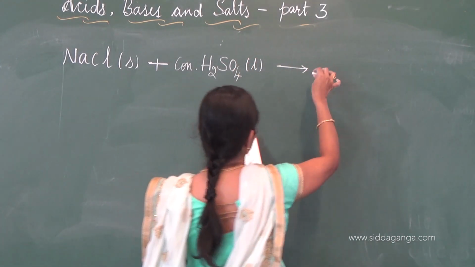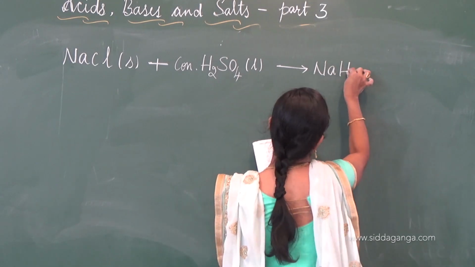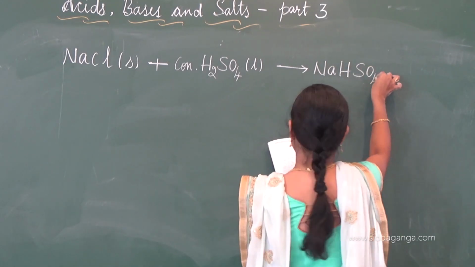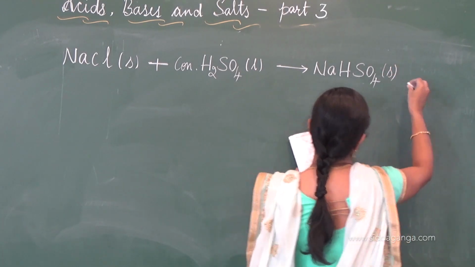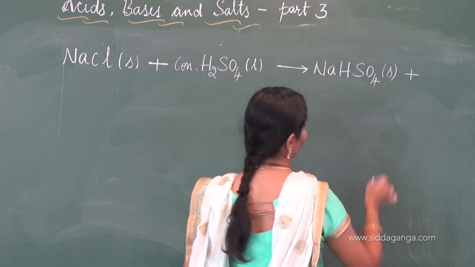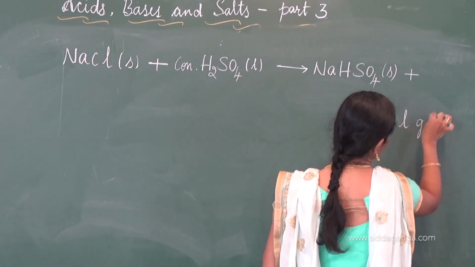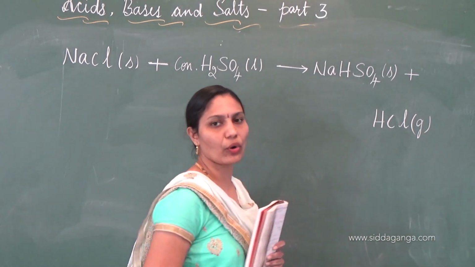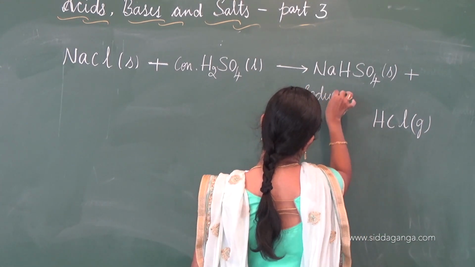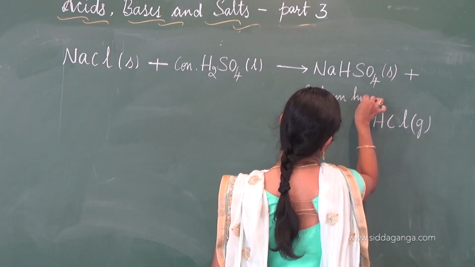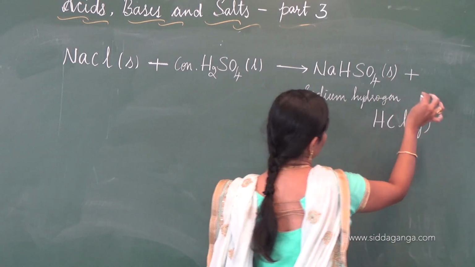What happens is we obtain NaHSO4. What is that? Sodium hydrogen sulfate, right? In its solid state. And the very important thing here to note is HCl in its gaseous state will be evolved. So NaHSO4 is sodium hydrogen sulfate.